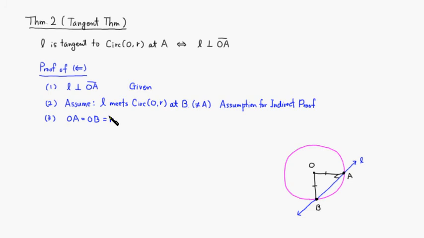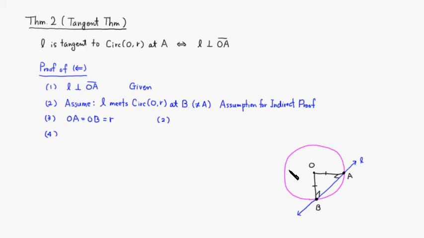This just comes from the fact that L meets the circle, so B is on the circle, so this comes from 2. Then the next conclusion: triangle AOB is an isosceles triangle, and we have a 90 degrees there too.